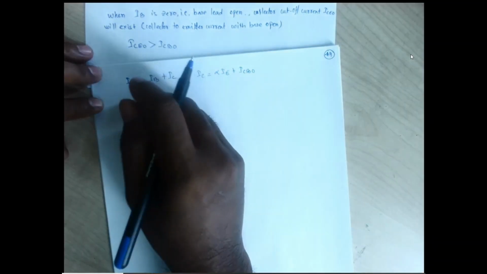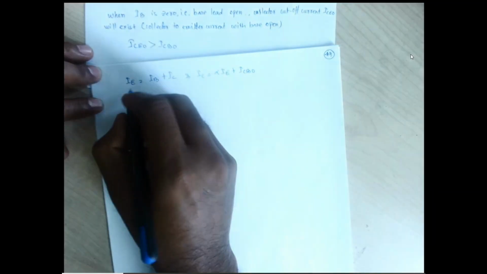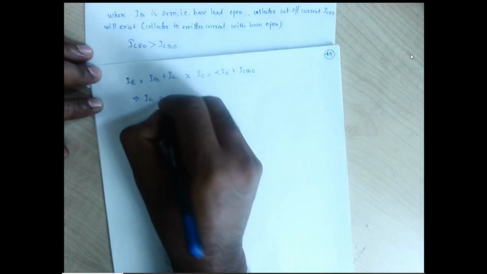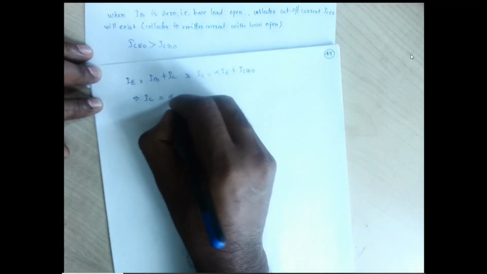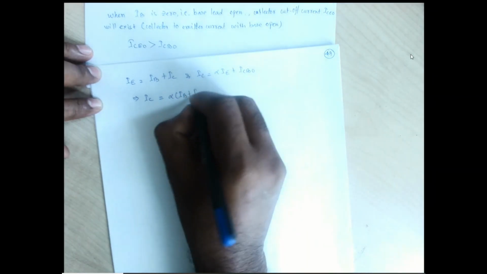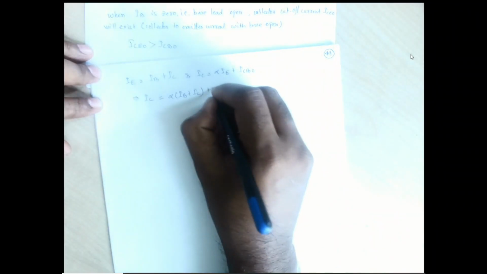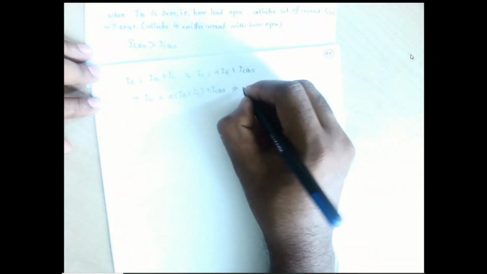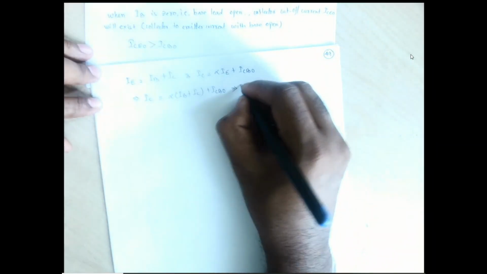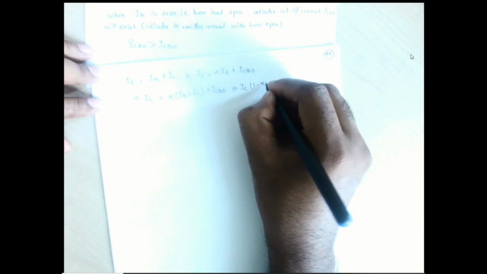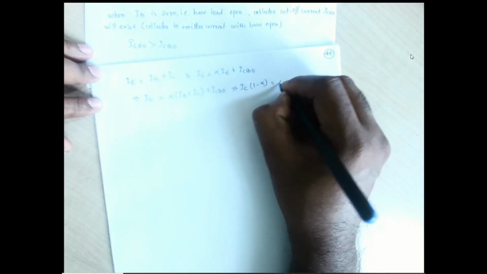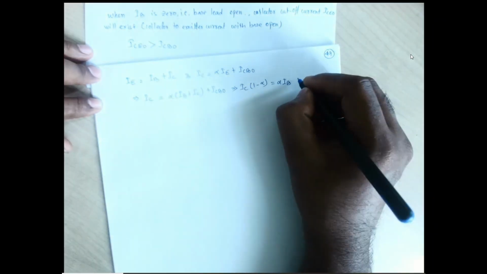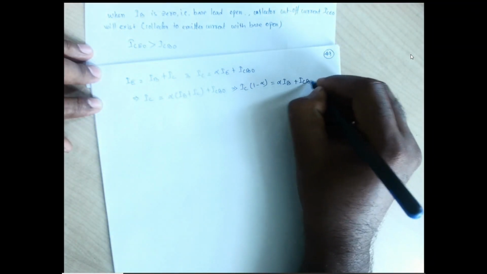So we can change this equation as IC equals alpha times (IB plus IC) plus ICBO. Or if we take IC to this side, IC times (1 minus alpha) equals alpha IB plus ICBO.